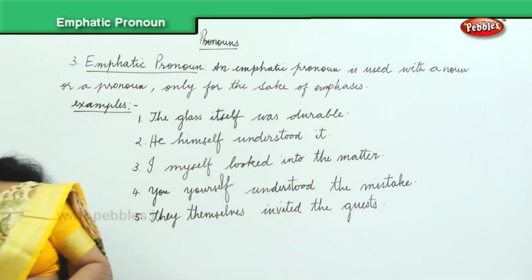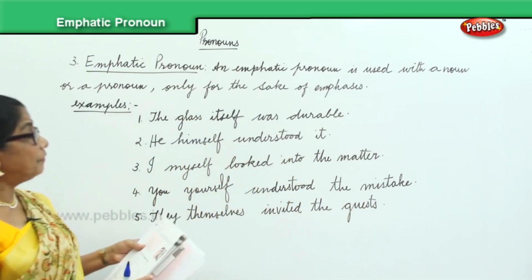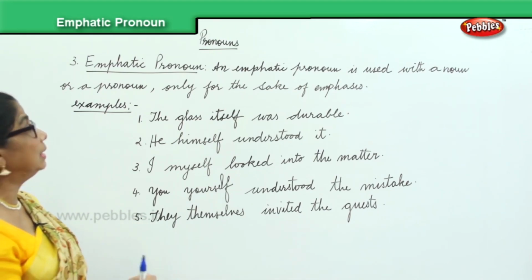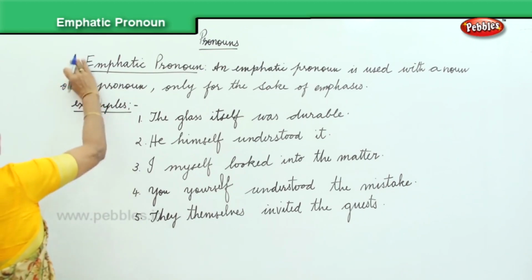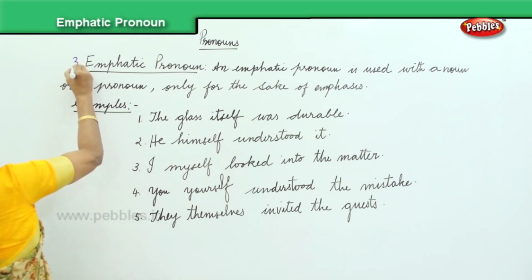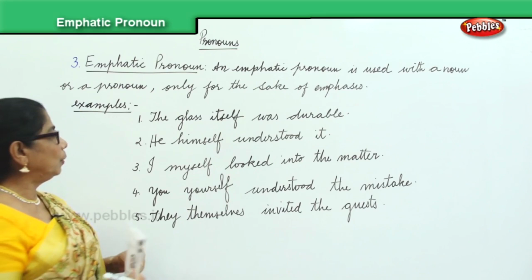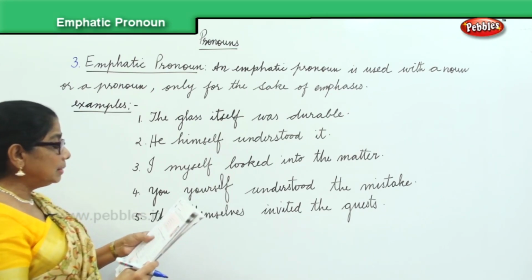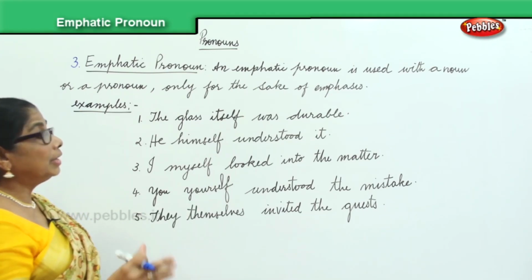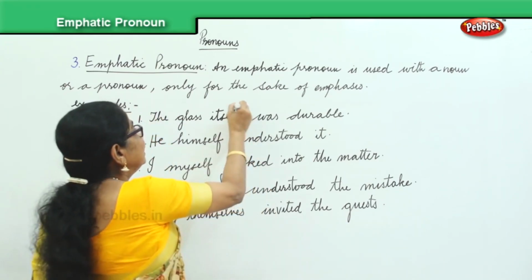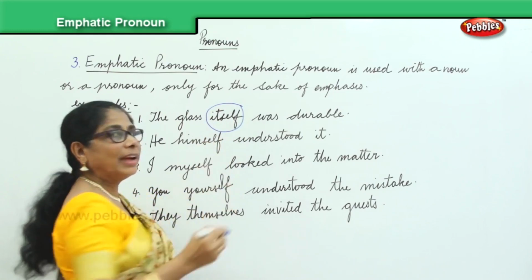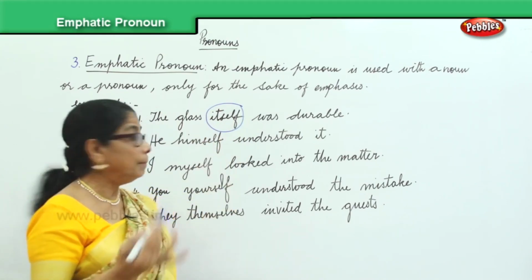So, in this third, emphatic, you want to emphasize. In the emphatic pronoun, we have few examples here. This is the third part we are doing. Okay. The glass itself. We are talking about the glass and we are saying itself. So, this is an emphatic for the glass itself. I myself.